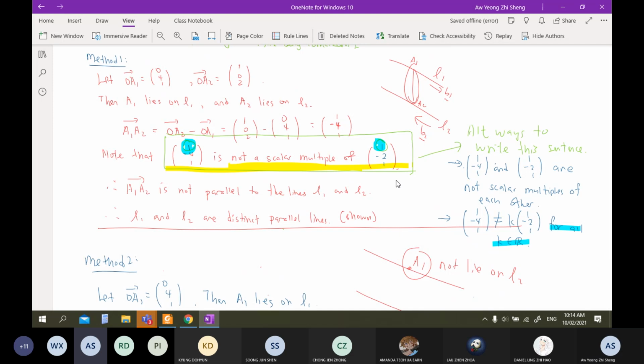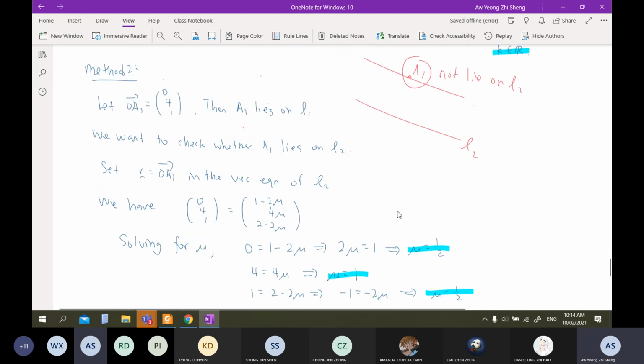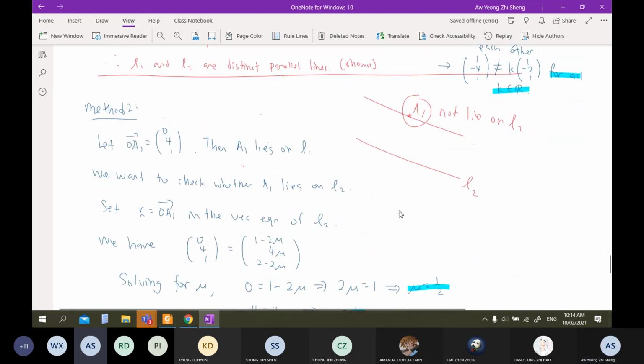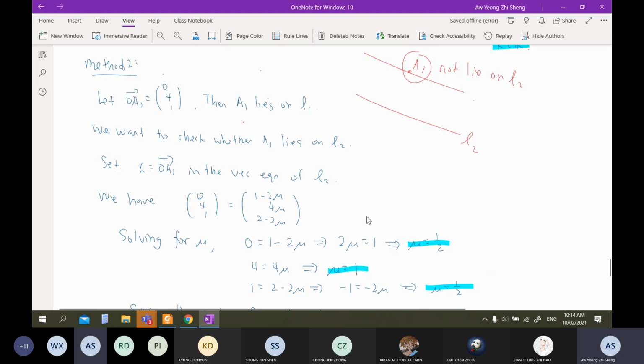Okay, next is method 2 to perform the second task. Here under method 2, we are trying to show that one point doesn't lie on the other line.